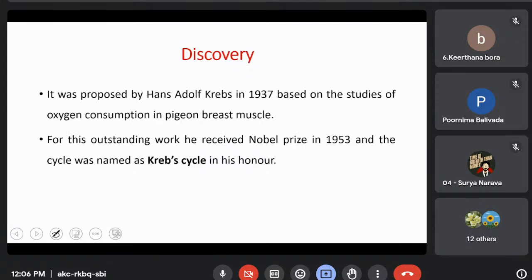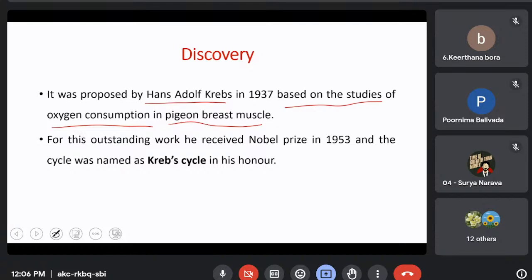It was proposed by Hans Adolf Krebs in 1937 based on studies of oxygen consumption in pigeon breast muscle. For this outstanding work, he received the Nobel Prize in 1953.